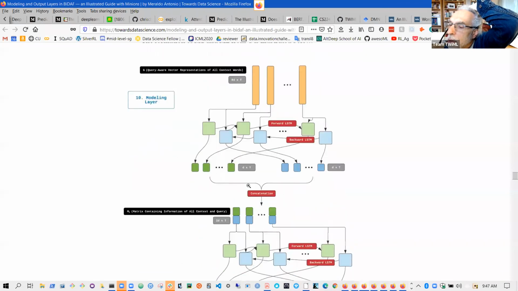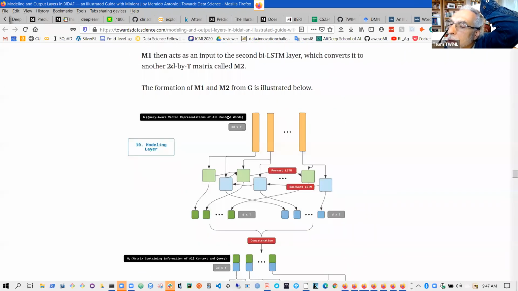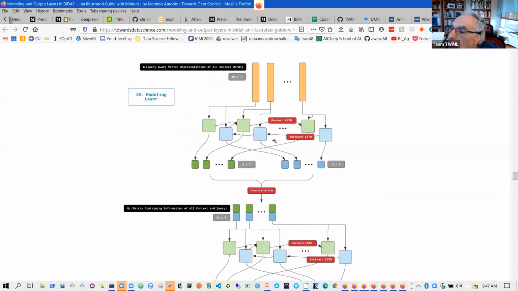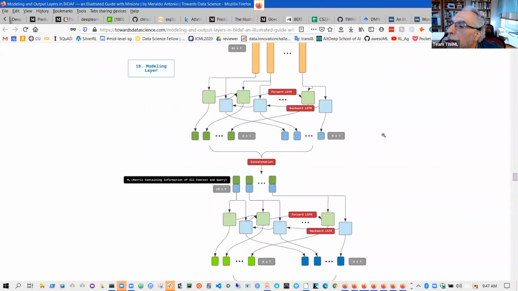So here's schematically, the G matrix goes into the modeling layer, matrix containing information of all context and query. Okay, so this is the 2-dimensional, well, he doesn't show 2 dimensions.